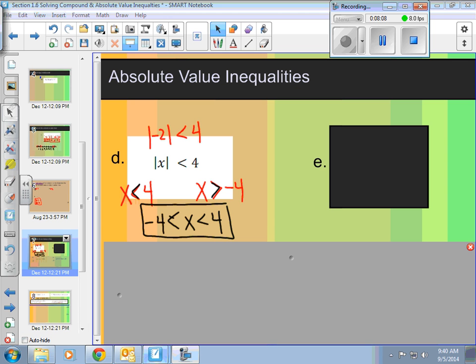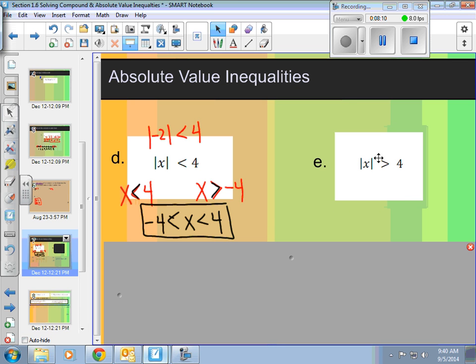Okay, let's go ahead and take a look at another example. Now we have the absolute value of x is greater than 4. Well, I can start with the easy one. Obviously, x has to be greater than 4. Now we have to think about the other values. Or, we want it to be greater than 4, so I think about what negative numbers, if I took the absolute value, would be greater than 4?